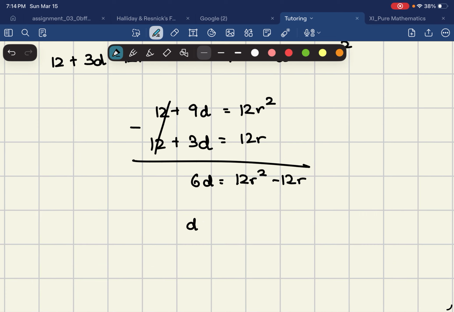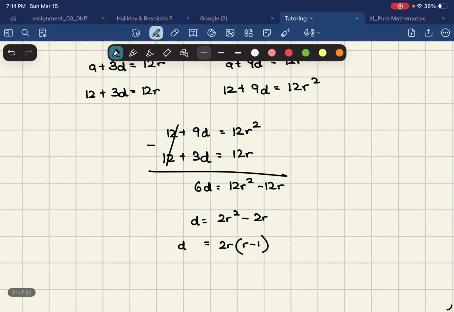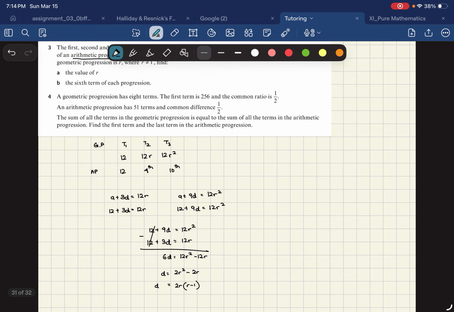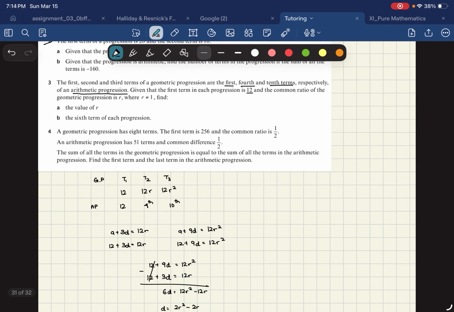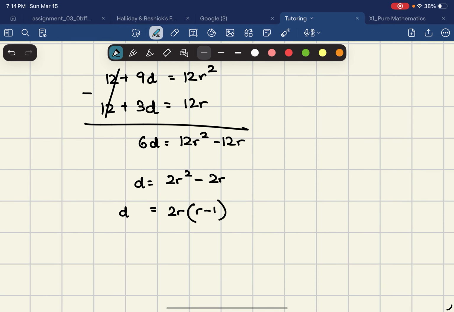And if I divide by 6 on both sides, I should get d is equal to 2r squared minus 2r. And if I factor out the 2r, r minus 1, that has to be equal to d. So I just factored out 2r. And I have been given that r is not equal to 1.